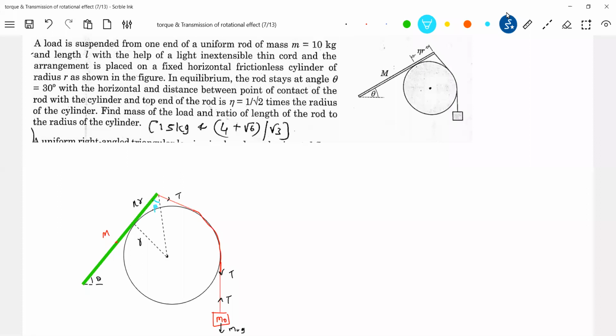Now get into the problem. Beta? Again you'll get confused. So let me write alpha only. Simple. This angle alpha.